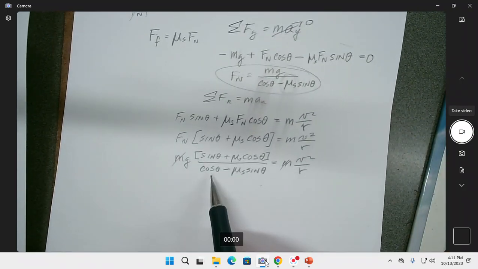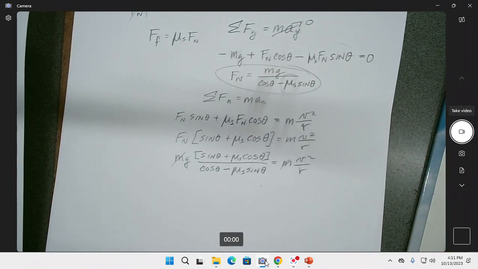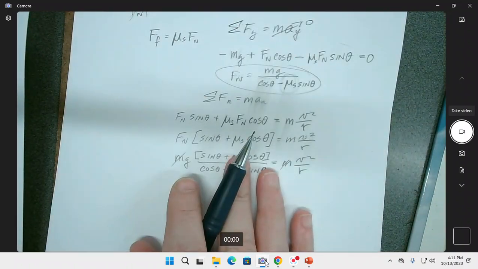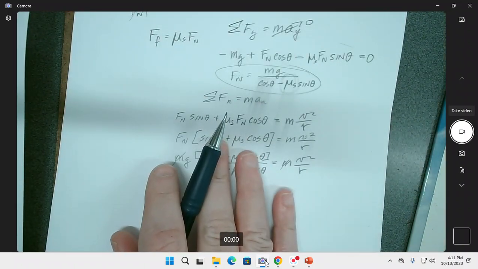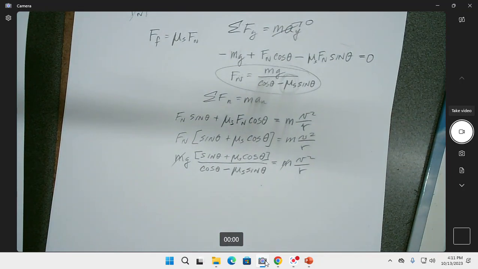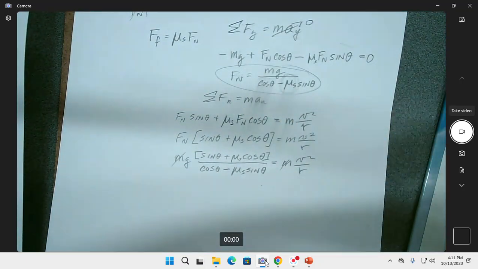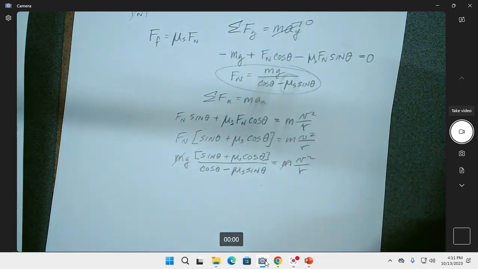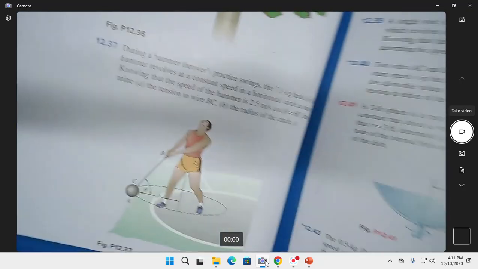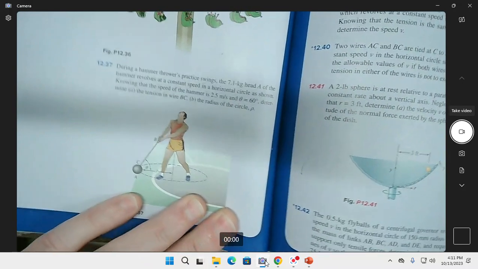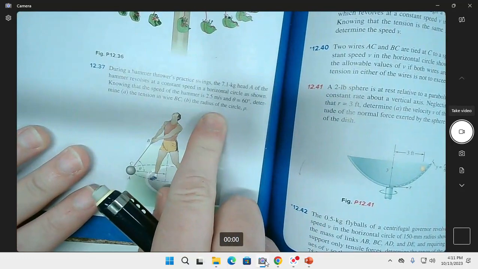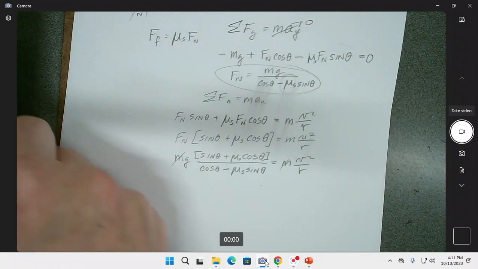So anyway, this was a little bit more tedious during an exam, as opposed to this right here, which is very deceptive in its simplicity. I do want to try one last thing on here.